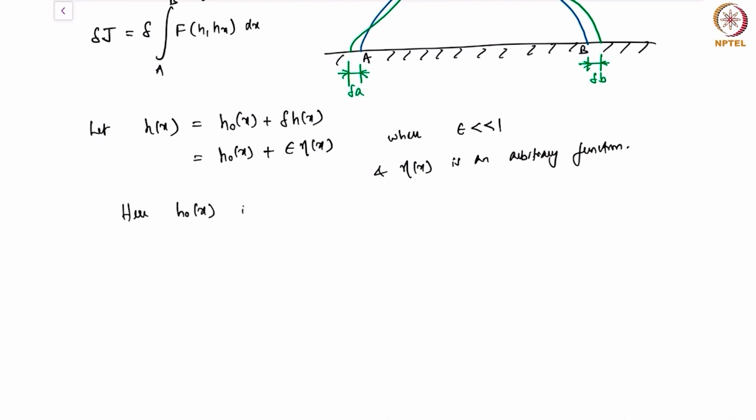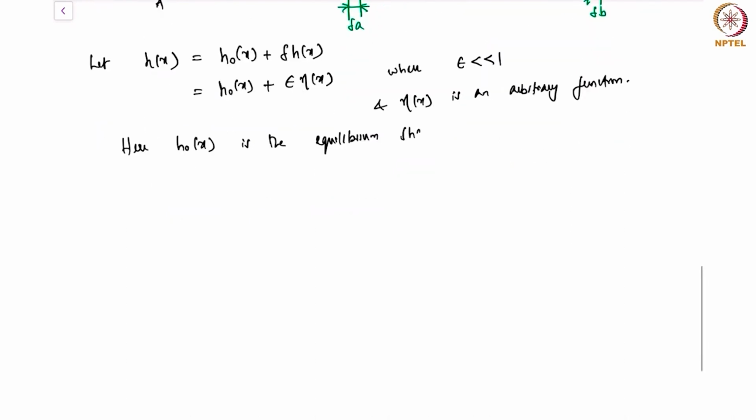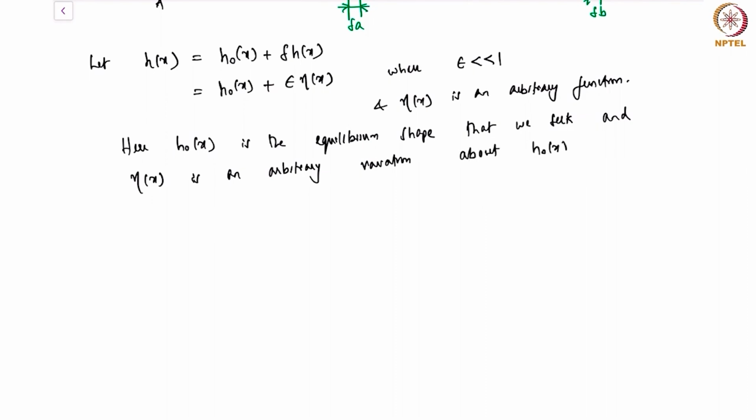Okay, so here h naught of x is the equilibrium shape that we seek, and eta of x is an arbitrary variation about h naught of x.